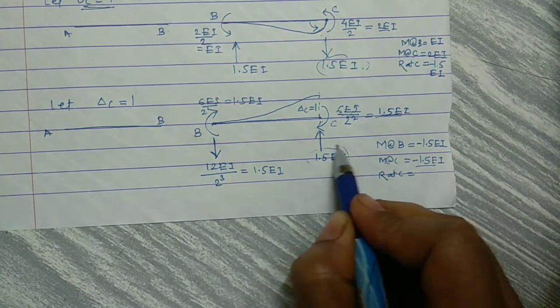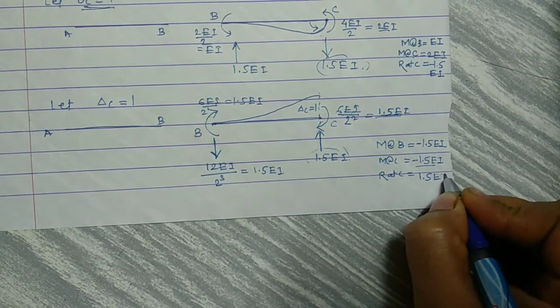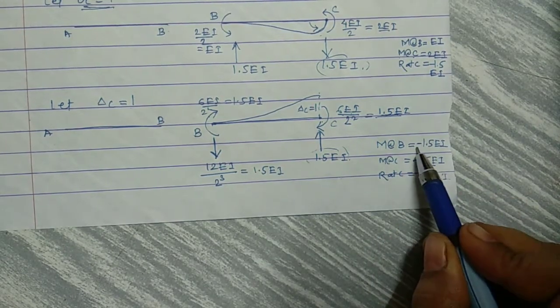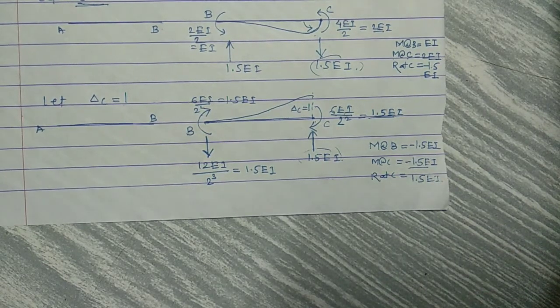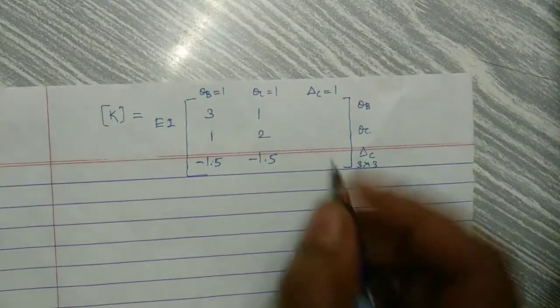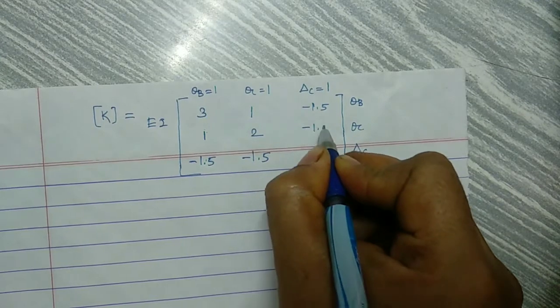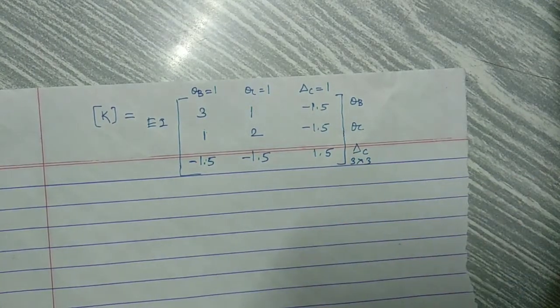And this reaction at C, upward, positive 1.5 EI. So write these coefficients in the third column: minus 1.5, minus 1.5, plus 1.5. Okay, so we have completed this stiffness matrix.